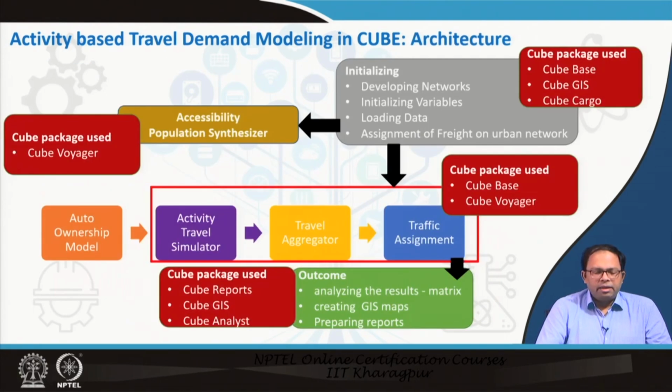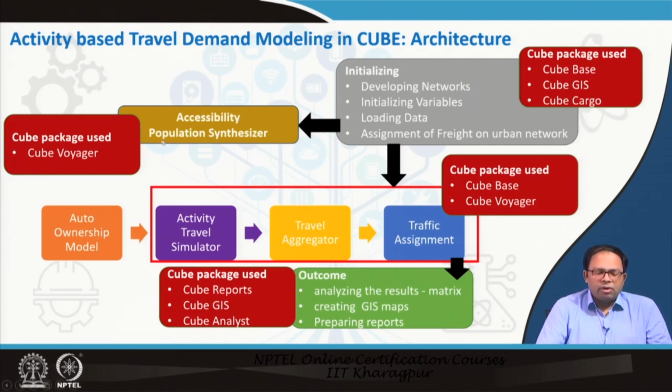If you look into the broader framework, these are the different components involved. The first job is to determine the total accessibility for a particular household. We have discussed accessibility earlier, where we measured different forms of accessibility. It was done zone wise, but it could also be done individual wise.